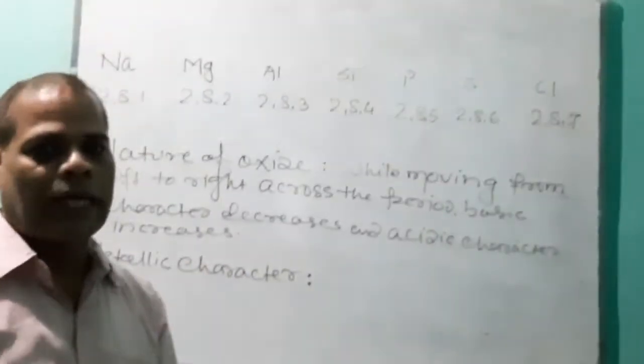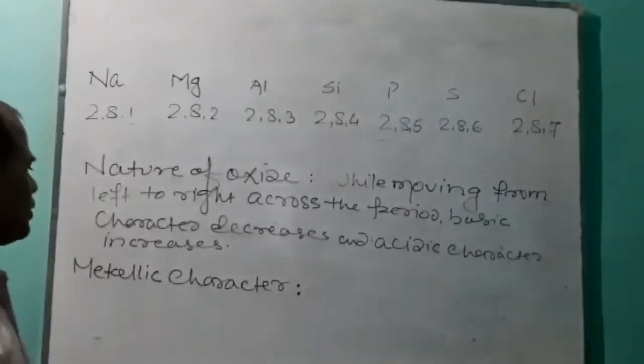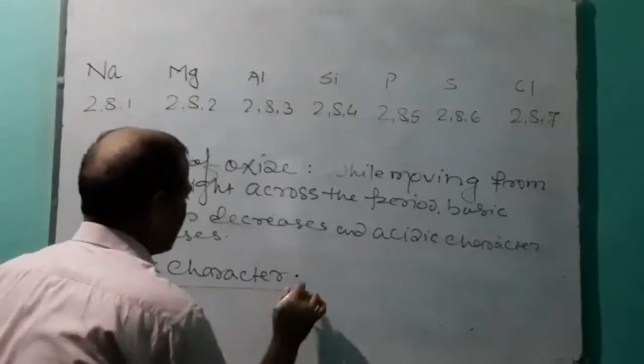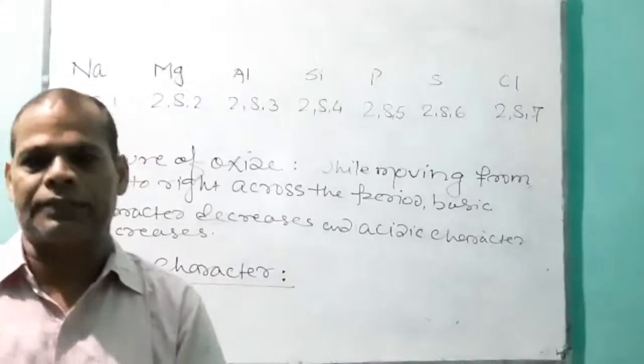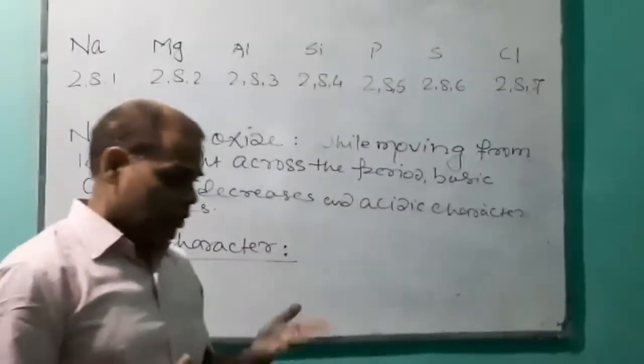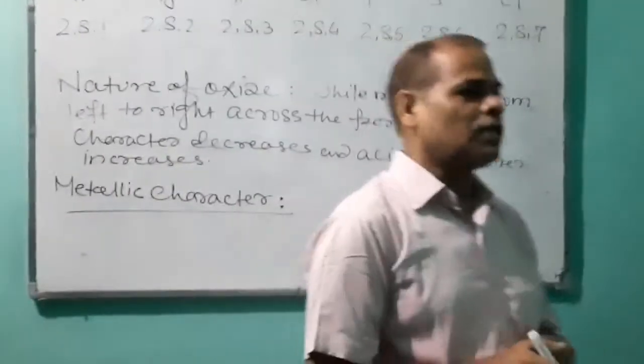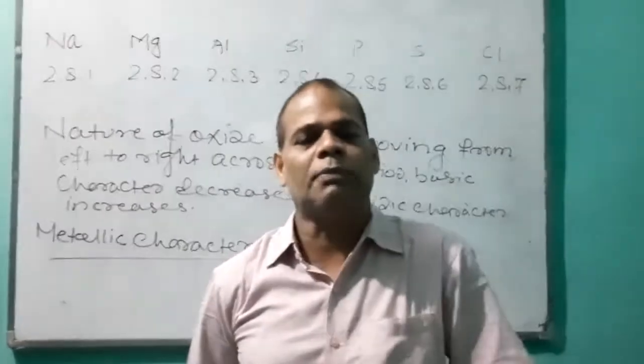Now the next characteristic is metallic character and non-metallic character. Just recall it from the metals and non-metals chapter.